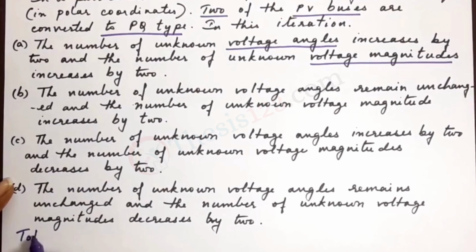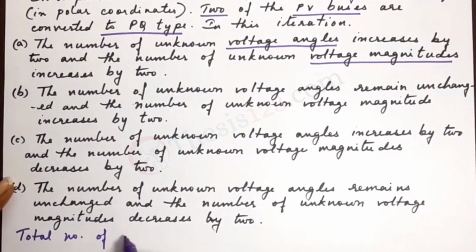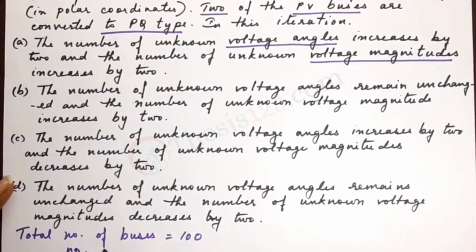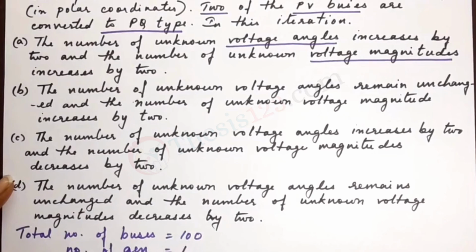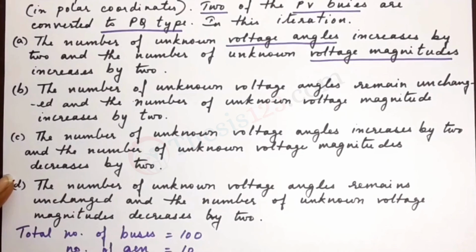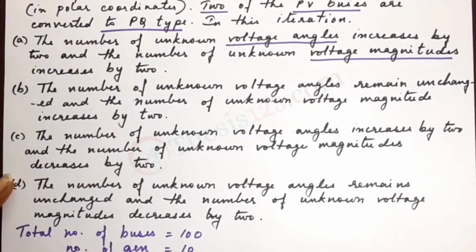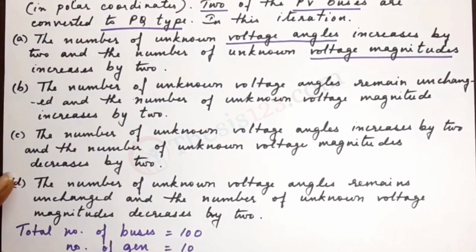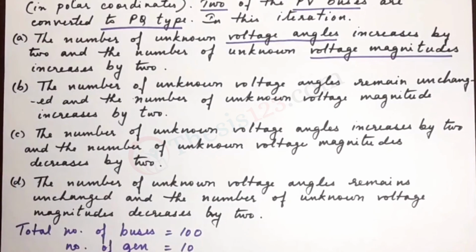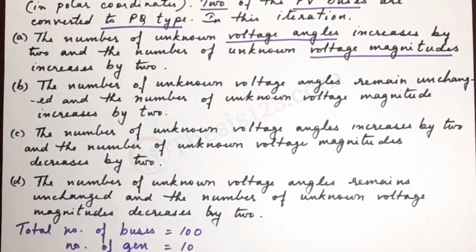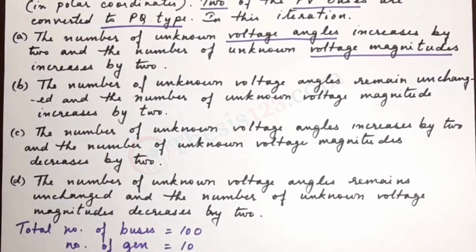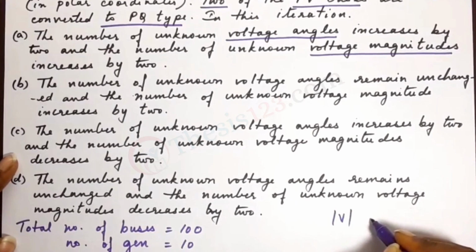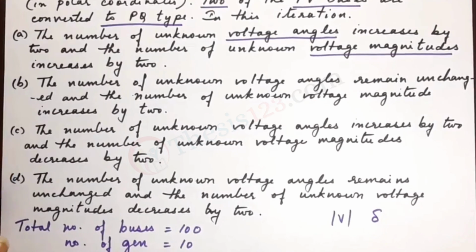Total number of buses 100, number of generators 10, which means the number of load buses is 100 minus 10, 90. So there are altogether 90 load buses. Now you should know that at every load bus, the voltage magnitude and the voltage angle must be calculated. Both must be calculated.